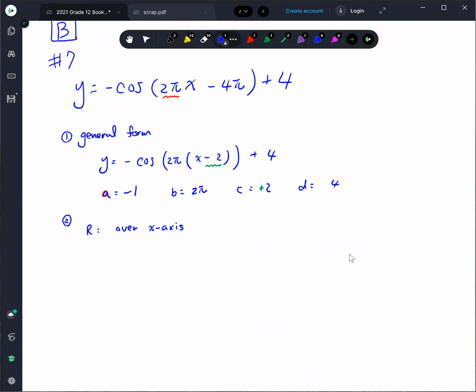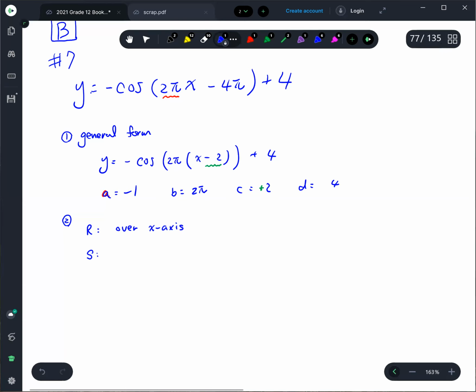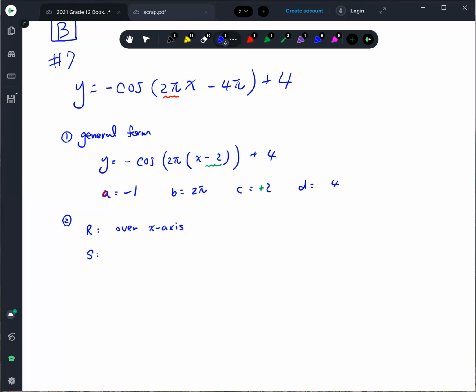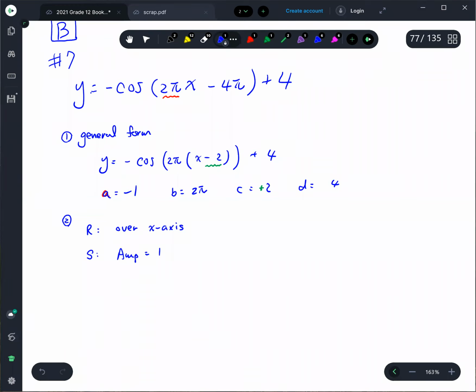Okay, after reflection, we move on to S, right? So what's the S here, Nick? Can you hear me? Yep, I can hear you. S is, so the amplitude would be 1. Yep, very good. Amplitude is 1, and then new period would be 2 pi over 2 pi, so that would be 1, very good.